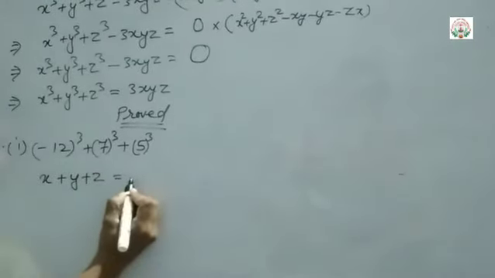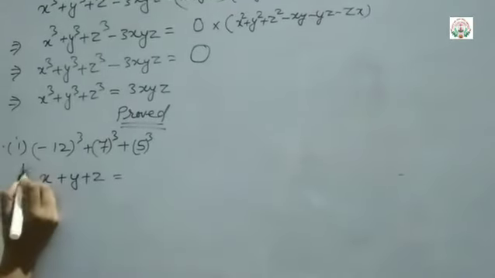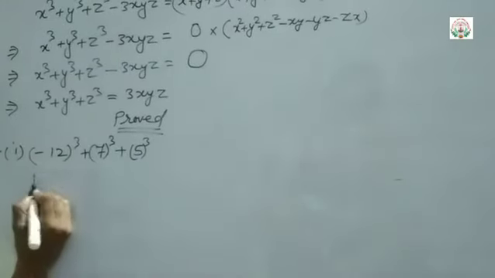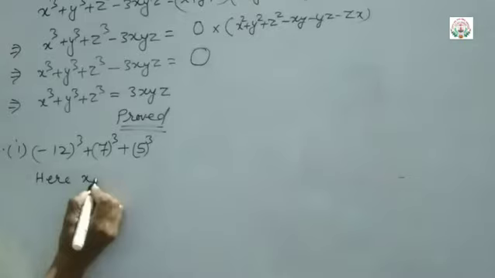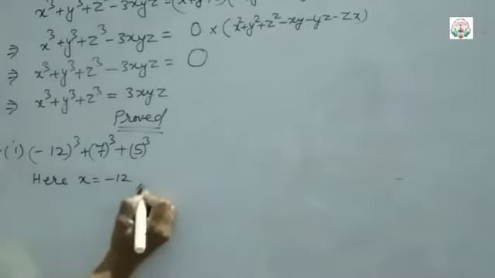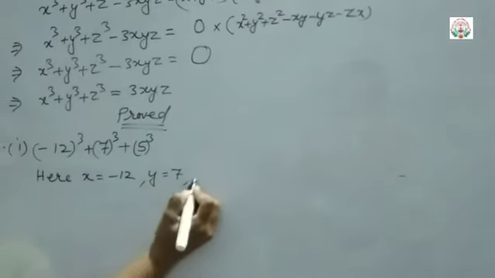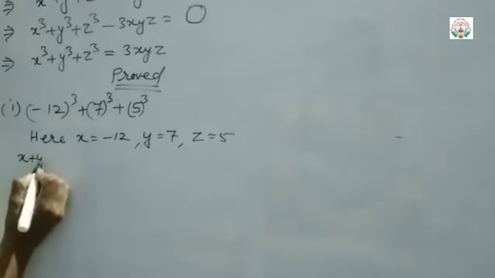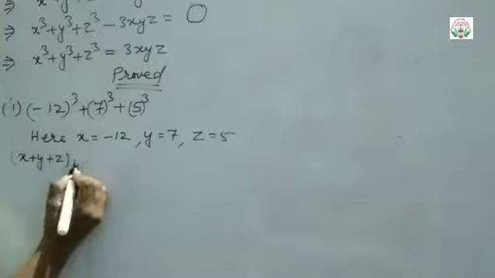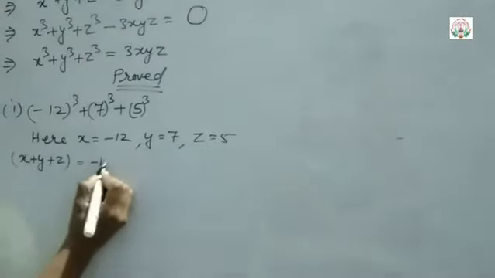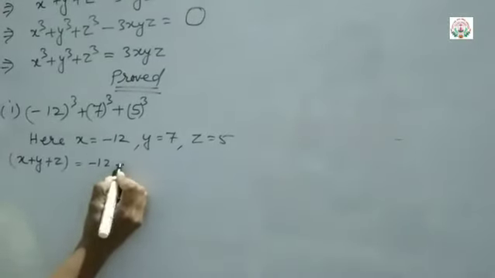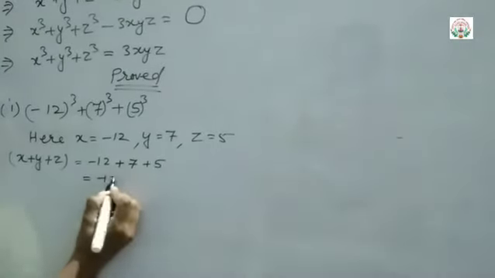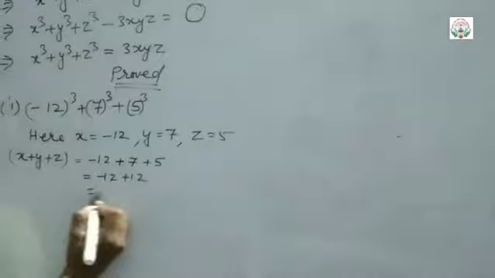Here you can write x equals minus 12, y equals 7 and z equals 5. So x plus y plus z equals how much? Minus 12 plus 7 plus 5 equals how much? Minus 12 plus 12 equals 0.